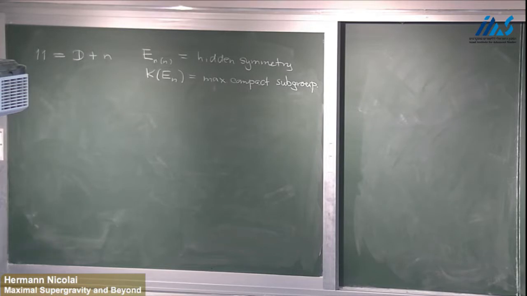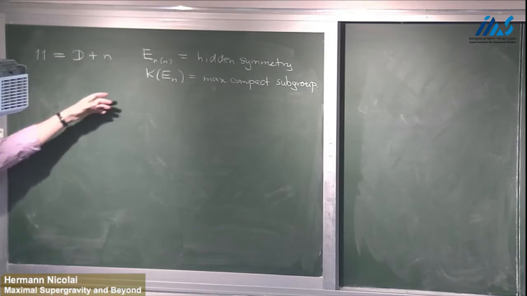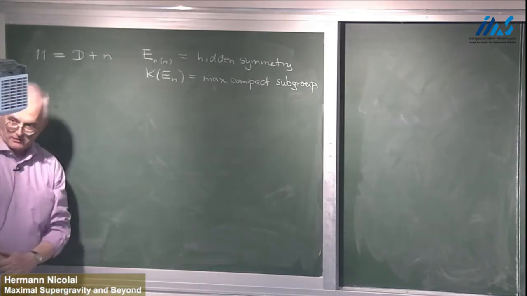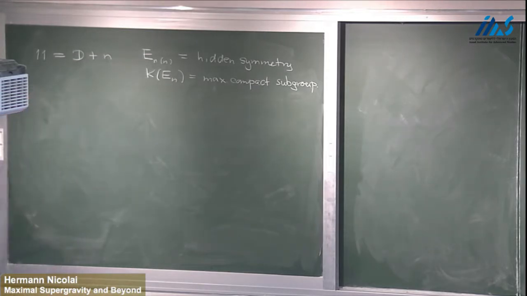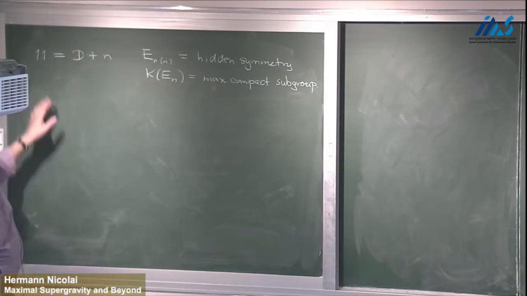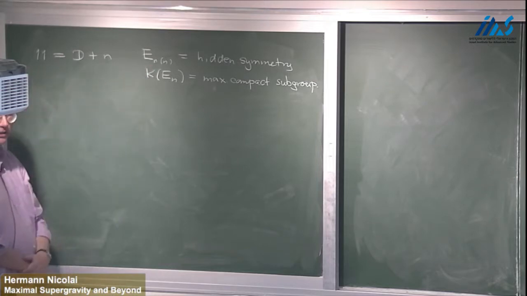So today's subject will be what happens if we descend below this, because then you can of course simply extend this counting. That was already conjectured in the early 80s by Bernard Julia, who noticed that you could go down to 2 dimensions and then you get something called E9, and in 1 dimension you get something called E10.